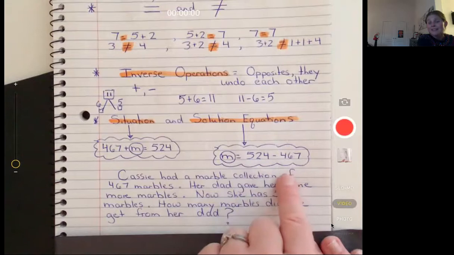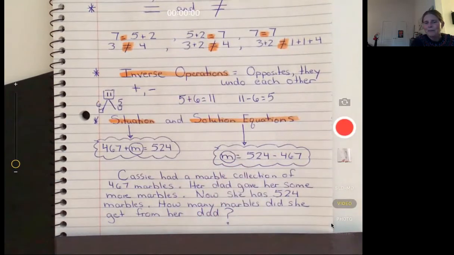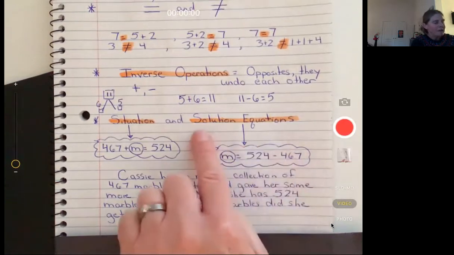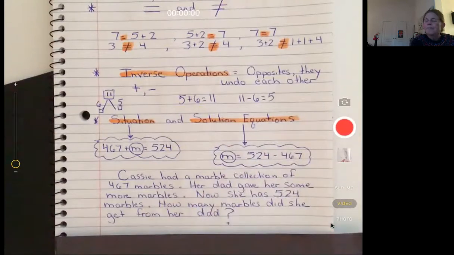Whatever the difference is, that will be M. And that will be the solution to the marbles her dad gave her. Okay, so this is how I solve it. That's why it's called a solution equation. Not hard, just kind of different words. So just keep those words in mind.